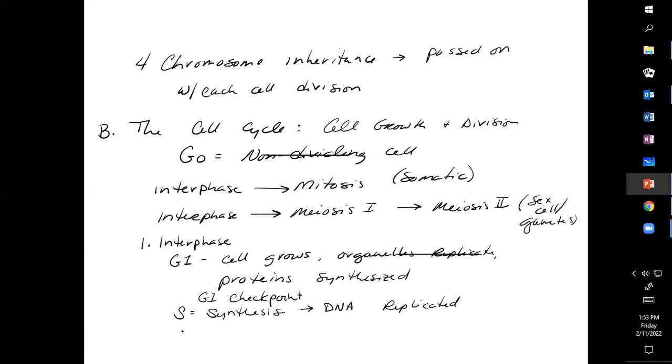Following the S phase, once the DNA has all been replicated, the cell enters G2. The G, by the way, stands for gap. In gap 2, the cell continues to grow. Those organelles continue to replicate.